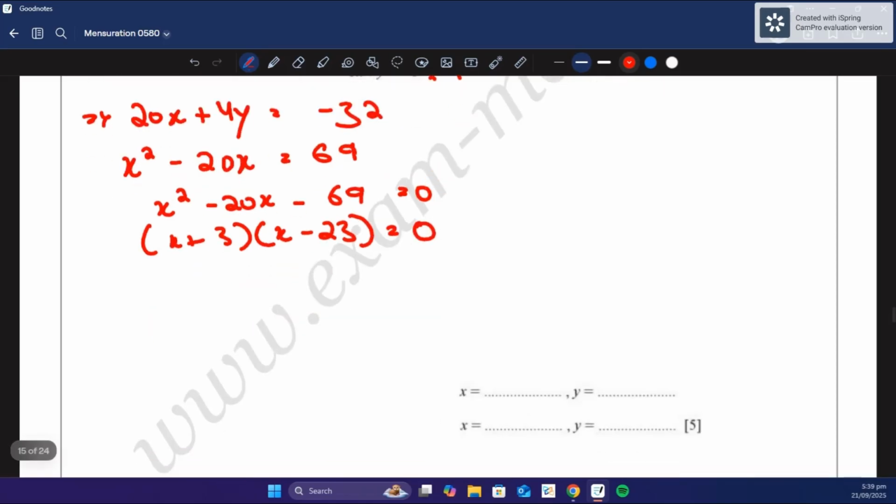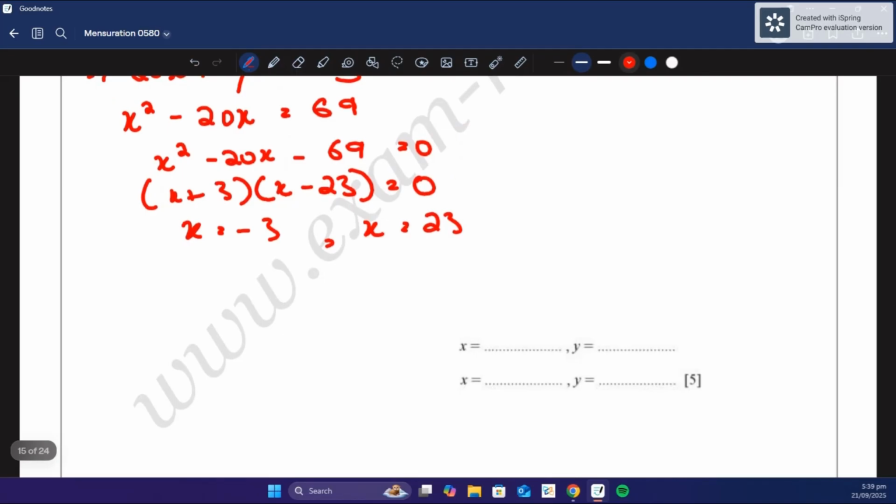And so we would get x equals minus 3, x equals 23. Now we're going to put these back into the equations and we would get y equals negative 123 and y equals 7. So that would be our answer: 23 and negative 123, and negative 3 and 7. Alright, perfect.